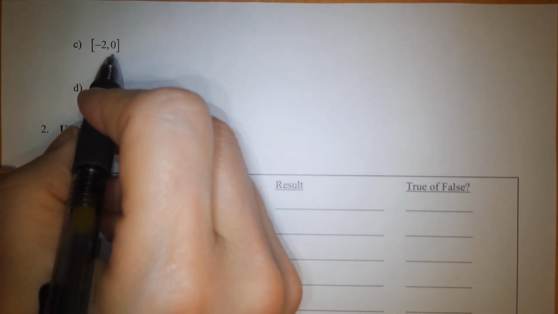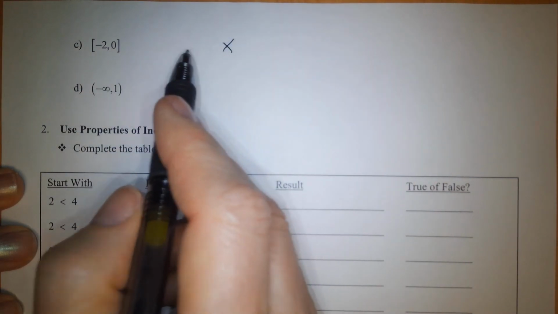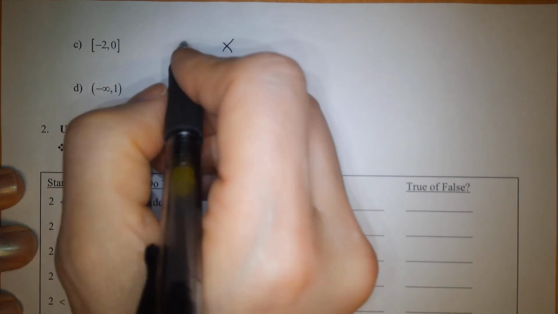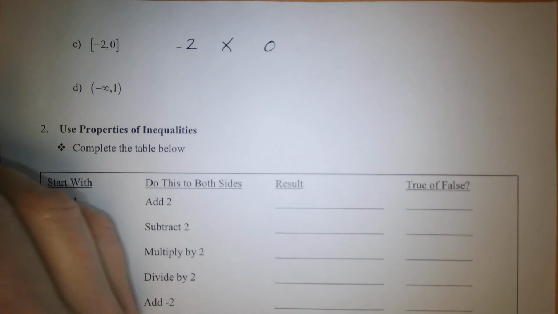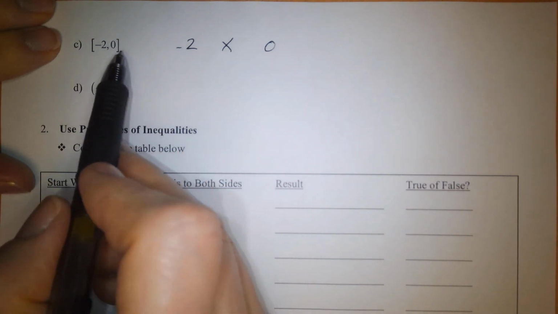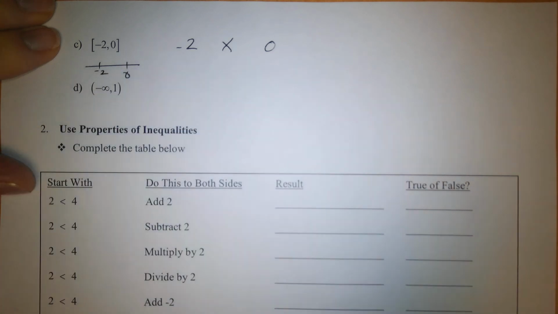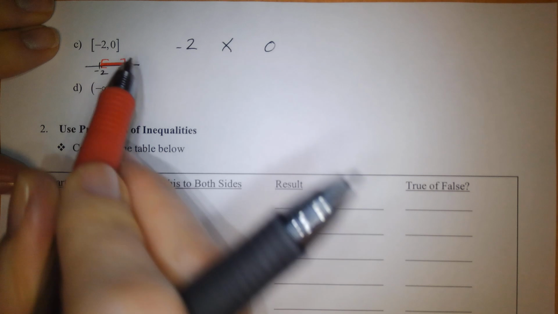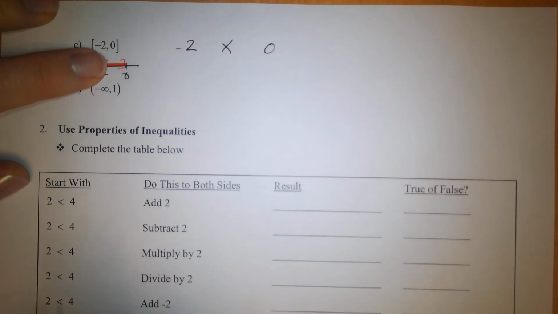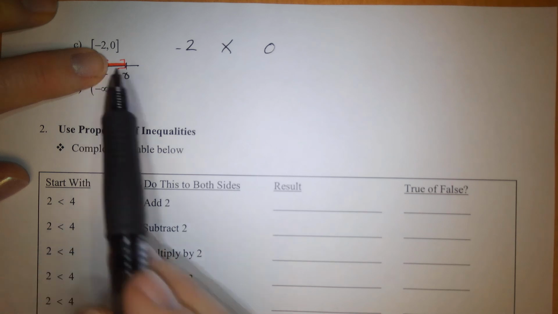Two more. Let's again write the inequality from this interval notation. This says x is any number in between -2 and 0. Now recall again which way our symbols go. Since x, we know, has to be on the number line, here's -2, here's 0, and we know x has to be any number in between there. If we look at just the right side, we can see x has to be less than 0.